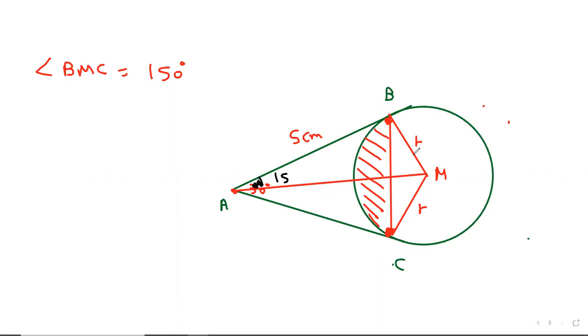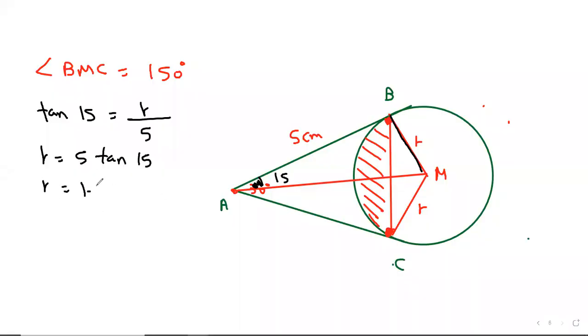Tan 15 in this triangle is opposite, R, over the adjacent. The adjacent is 5. So what is R? R is 5 tan 15. By using the calculator, we can find the length of the radius. So the radius equals 1.34 centimeters.